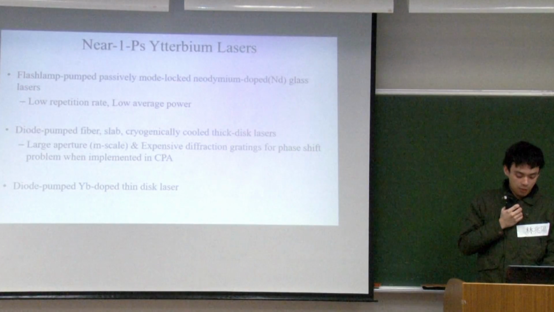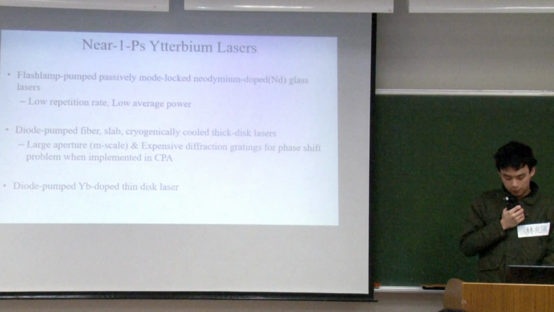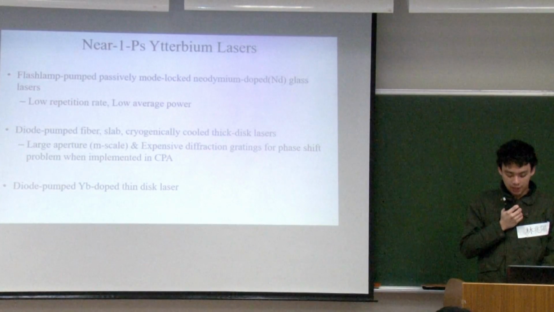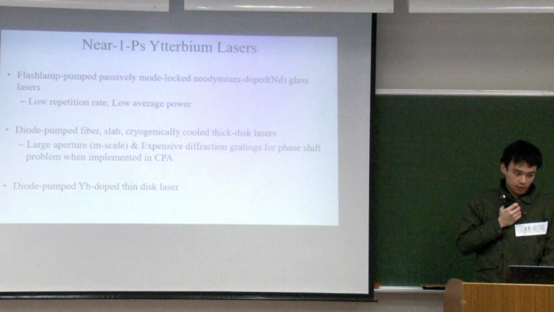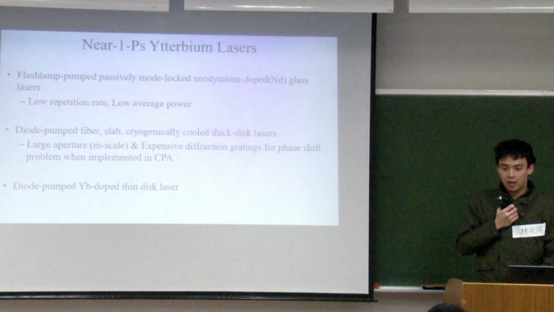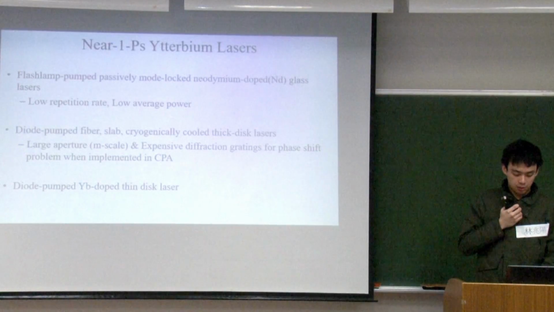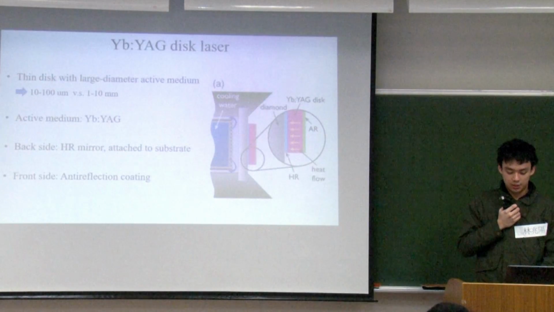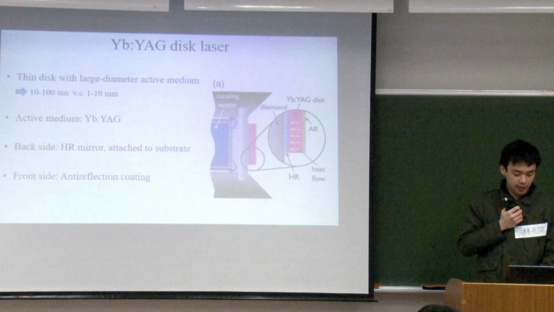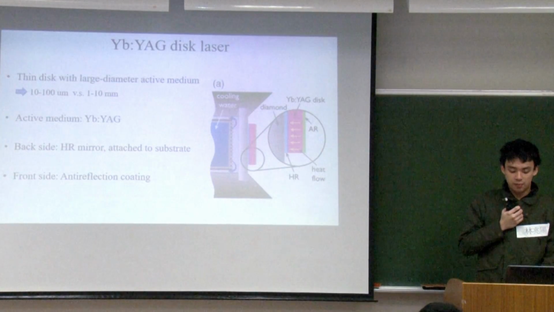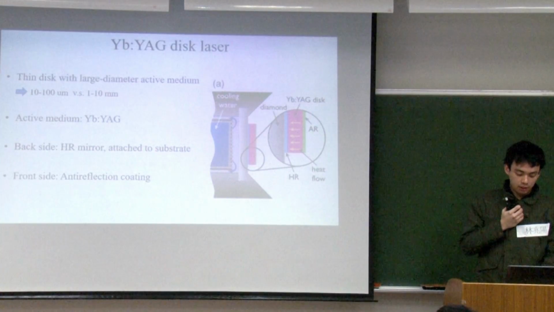However, among these 1 picosecond pumping pulses, the diode pumped ytterbium doped thin disc laser provides a cost-efficient option and provides higher energy and higher average power pulses. So our discussion will be all around this laser. A Yb:YAG disc laser is constructed from a thin disc with large diameter made of the active medium Yb:YAG.